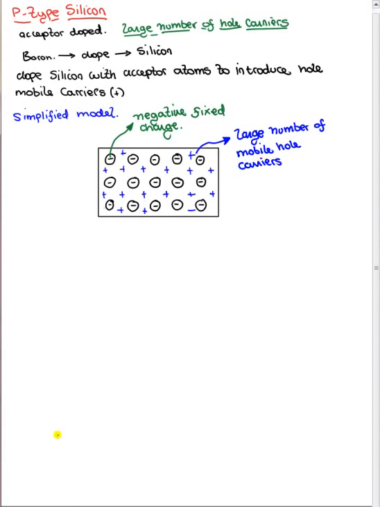Okay, and then again you can see here that there is a thermally generated electron, which sometimes we don't want, but we'll have to deal with that. This is the physics.